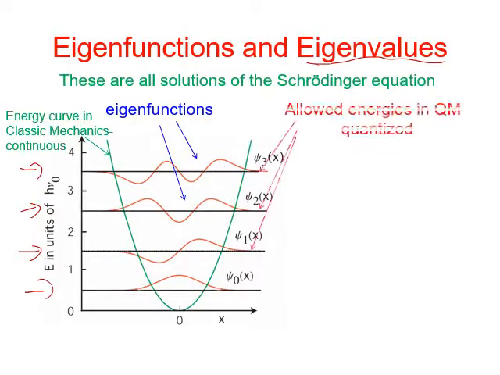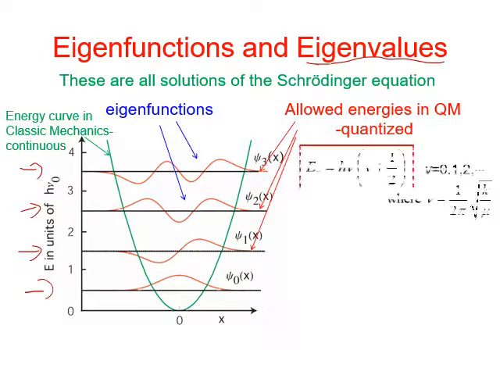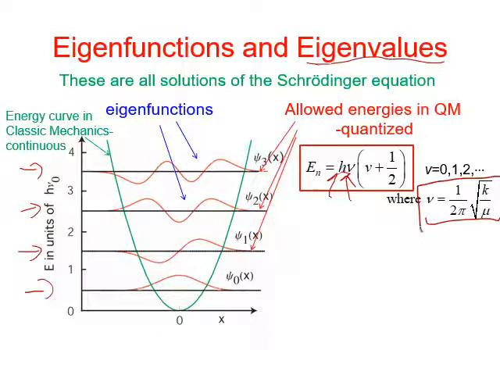The equation of these energies is Planck constant times nu, where nu is 1 over 2 pi square root of k over mu. If you remember from the previous slides, this is the natural frequency of the vibrator from classical mechanics.